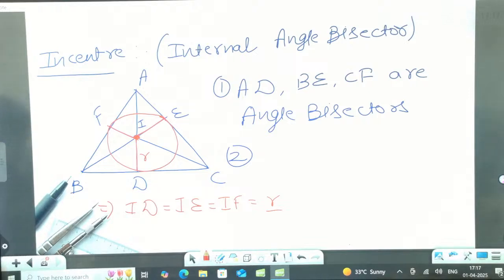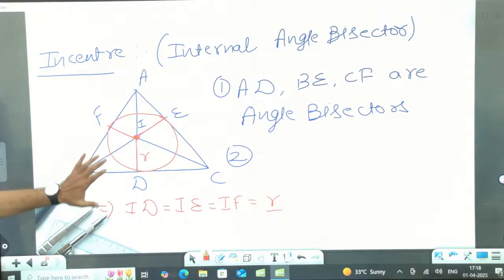The incenter of the triangle is equidistant from all the three sides of the triangle, and the distance is equal to the radius.